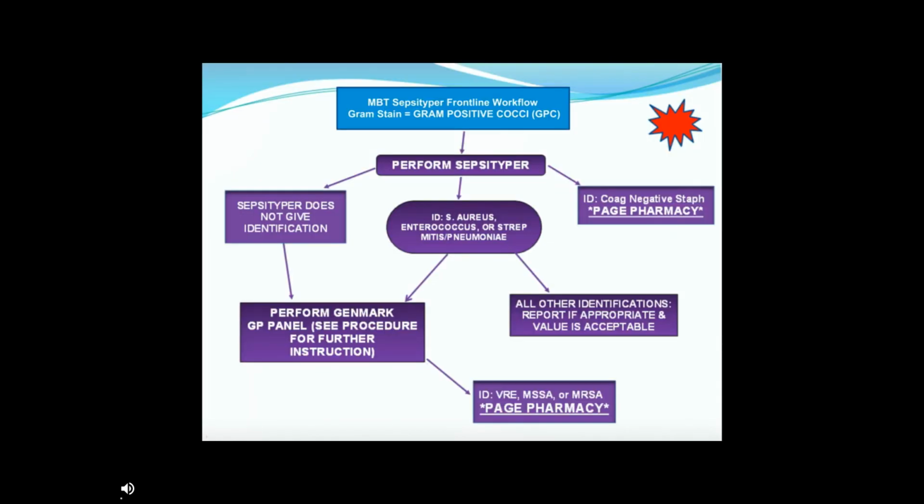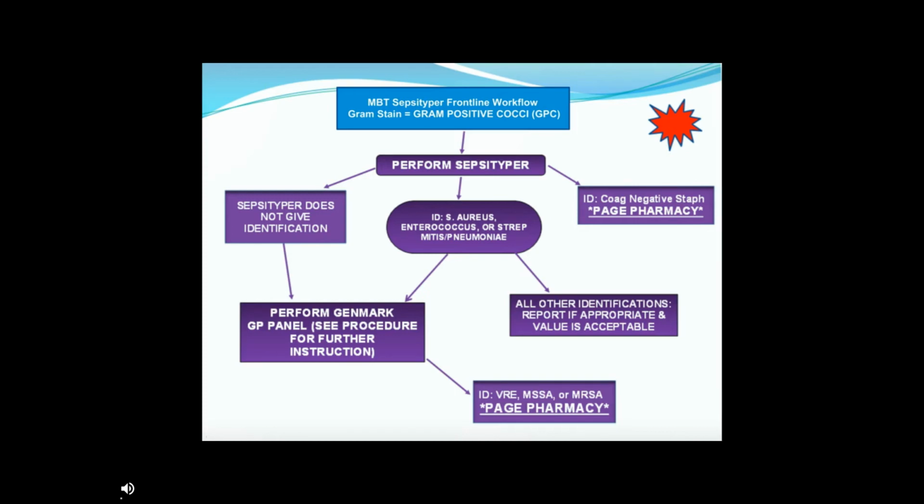So our algorithm, again, for gram-positive cocci. We have a Sepsityper that gives us an identification of Staph aureus, Enterococcus, or the combination of Strep mitis/pneumo. We will automatically put that on our molecular instrument because we're looking for any gene markers, whether it's a VRE or we're looking for MRSA.